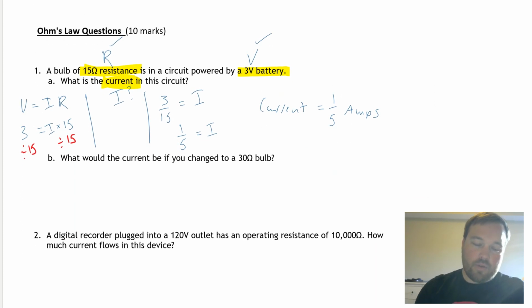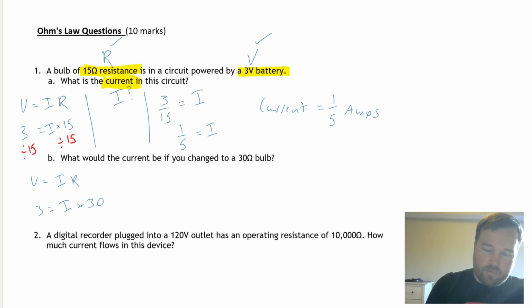Alright, part B. What would the current be if you changed to a 30 ohm bulb? Same as before, V equals IR. So we're just substituting different values here. There's a 3 volt battery, we don't know I, and the current is now 30. Sorry, the resistance is now 30.